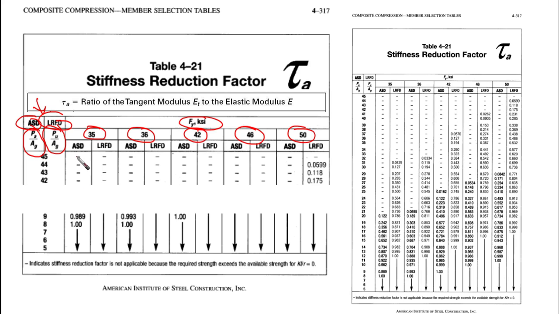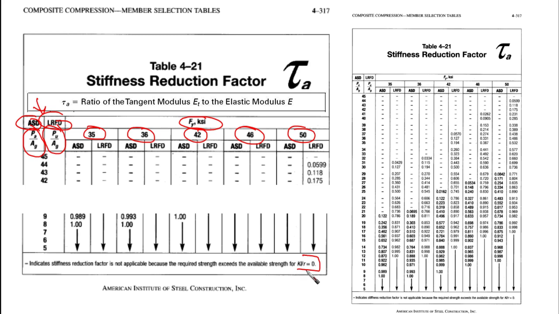Then you're going to find these hyphens, or dashes. This indicates the stiffness reduction factor is not applicable because the required strength exceeds the available strength for KL over r.